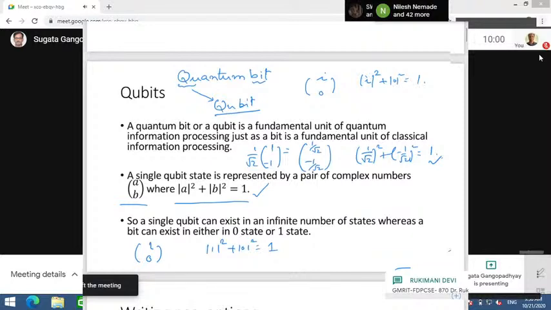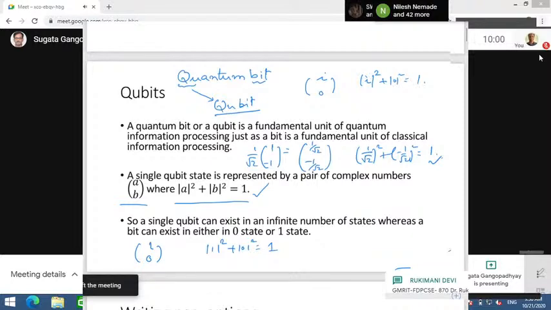So if we want to study quantum computing, we of course have to know what qubits are, and we will see that there are some limitations as far as qubits are concerned.